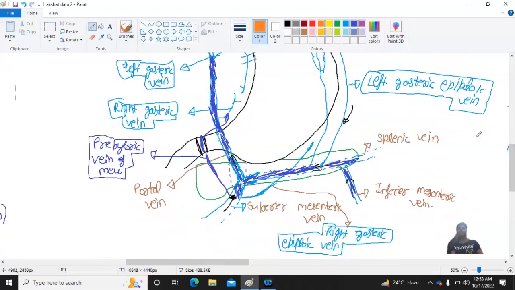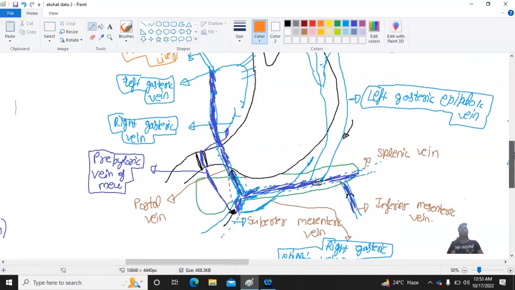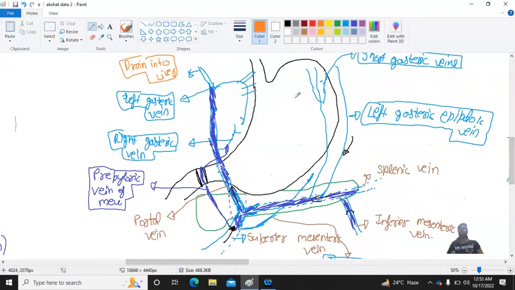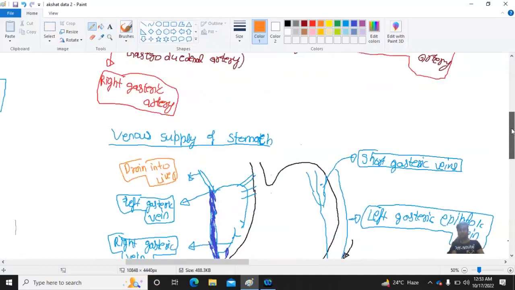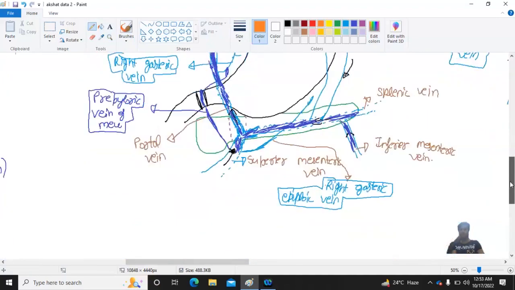The important veins are the right and left gastroepiploic veins and the right and left gastric veins. Some esophageal branches and short gastric veins are also important but not as much. And this is the pre-pyloric vein of Mayo. This is the portal vein, formed by the superior mesenteric, inferior mesenteric, and splenic veins. So this is the venous drainage.